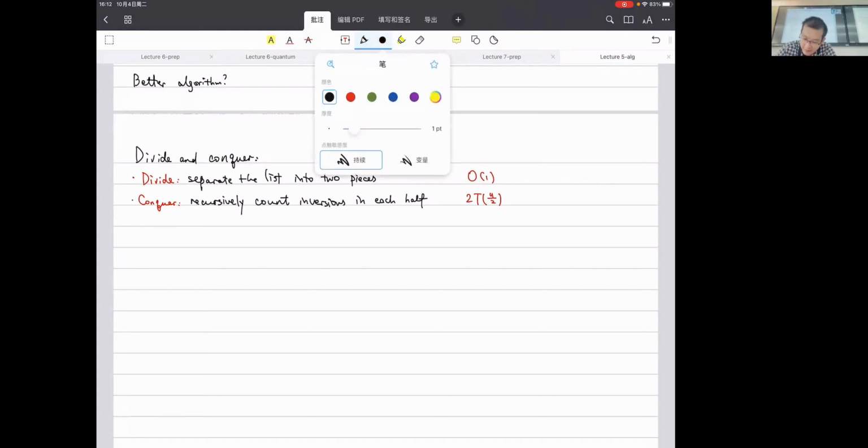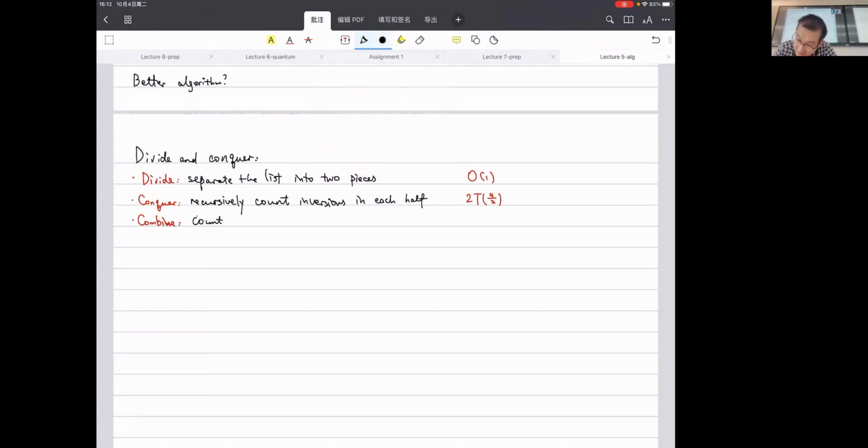Okay, so the remaining thing that we need to be specifically careful about is the combine part. For this combine part, we need to count inversions where Ai and Aj are in different halves.